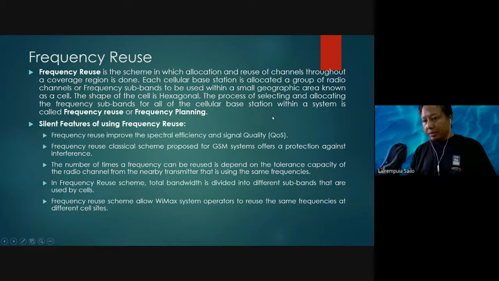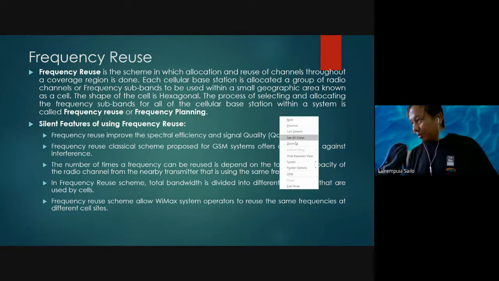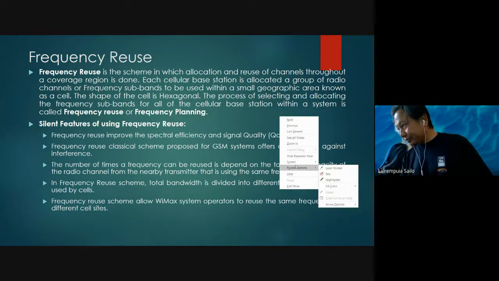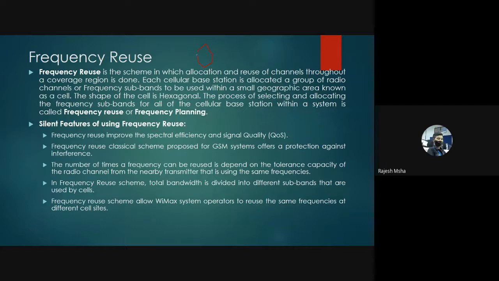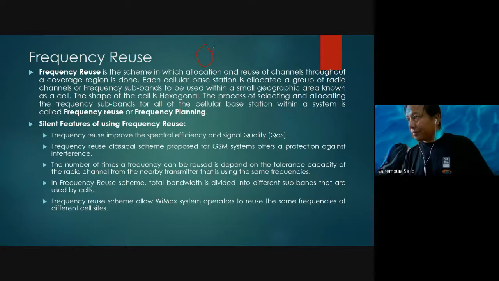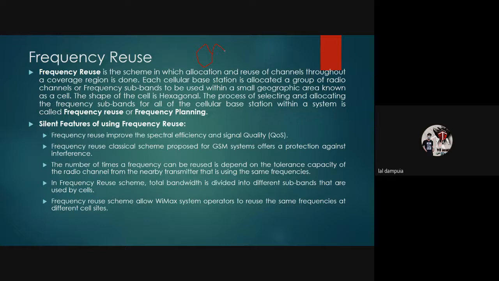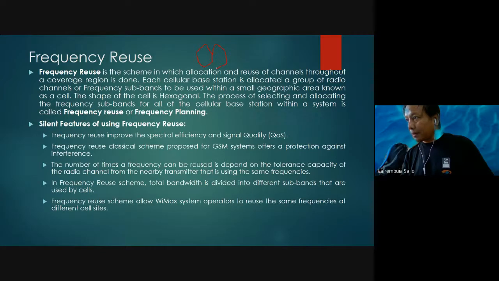Okay, in this, let me write. Can you see what I'm writing here? No, sir. Yes, sir. Can you see what I'm writing on my presentation?